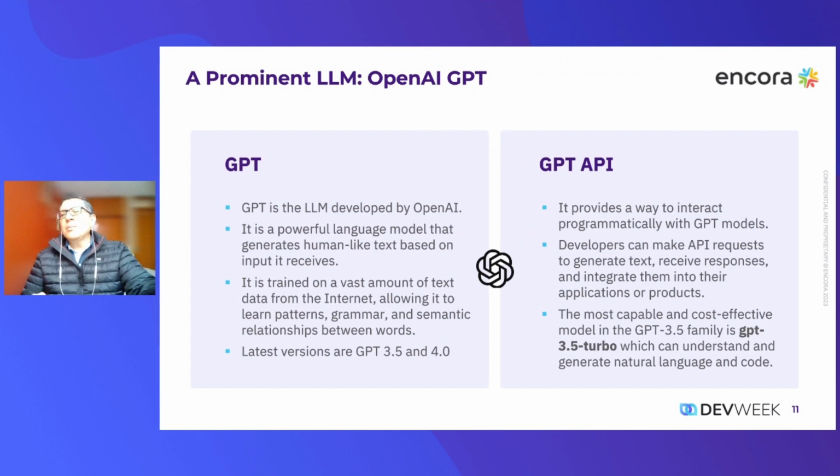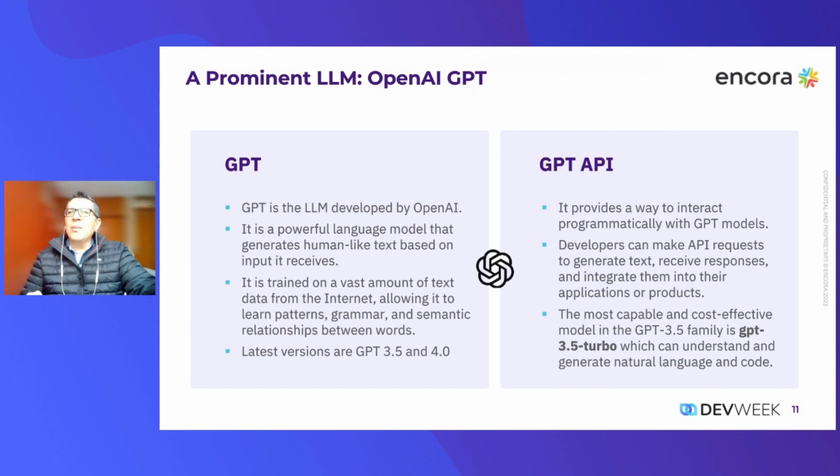GPT exposes its functionality via an API. The API provides a way to interact programmatically with GPT models. In that way, developers can make API requests to generate text and receive responses, and integrate it into their applications and products.